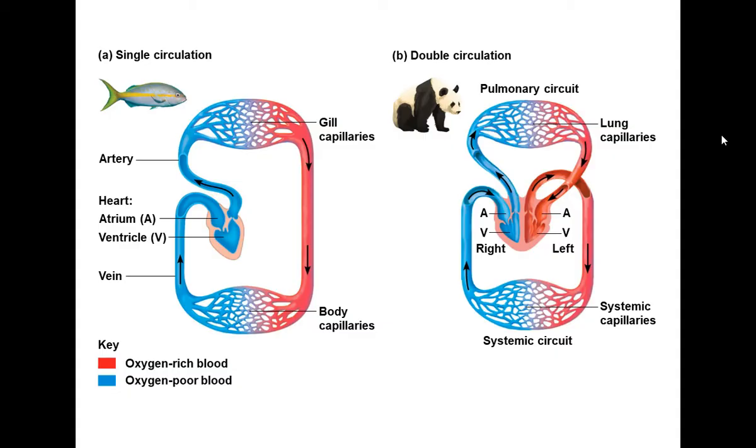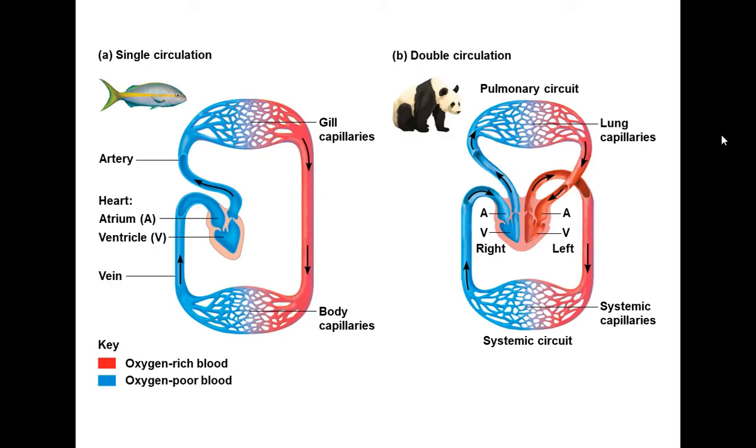So it's getting oxygenated, then it's moving straight to the body capillaries, and then it's coming back out of the body capillaries from the veins back into the ventricle. So you never have oxygenated blood move through that heart, other than the blood that's needed to keep the heart pumping. But the actual blood moving through that muscle is not going to be oxygenated.